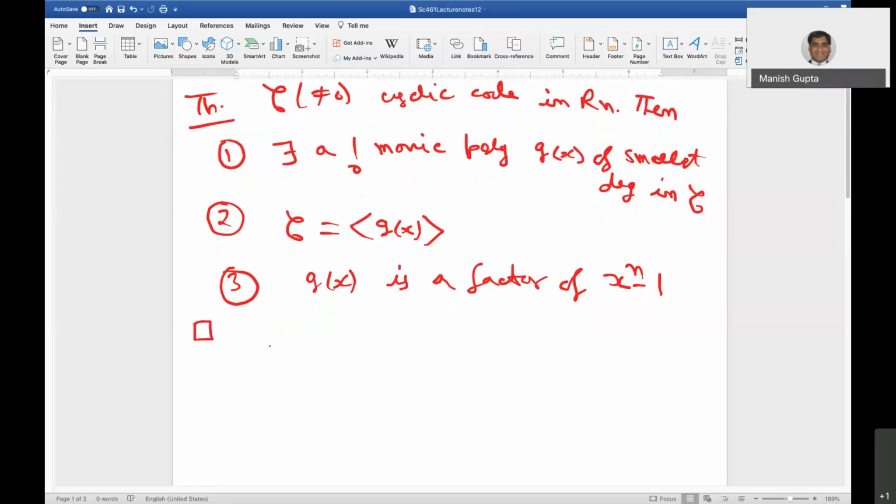First one. Suppose the polynomial g(x) is not unique. There are two polynomials g(x) and h(x), both monic in C and they are of the smallest degree.